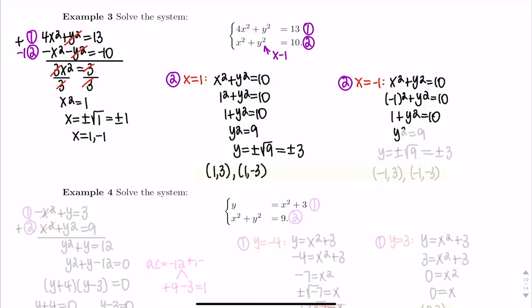We get that y squared equals 9. Again, by the square root property, we get y equals plus or minus the square root of 9, which is plus or minus 3. And so I have two y values for a single x value, which means I have negative 1, 3, and negative 1, negative 3. And so we ended up getting 4 different points.